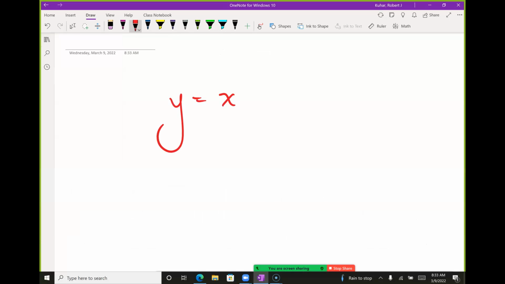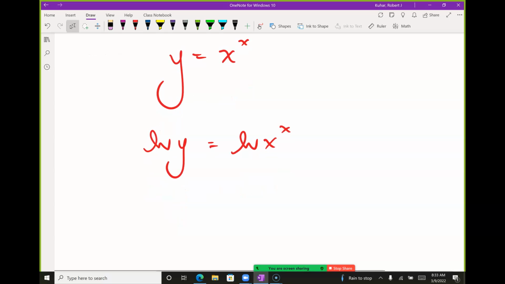So if I have y equals x to the x, and I'm going to take this derivative, I need to get that x out of the exponent. So I take the ln of both sides, and I'd get ln y equals x ln of x. This is what I call the ln trick, where I try to get an exponent to come down.